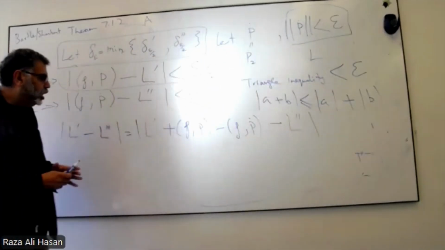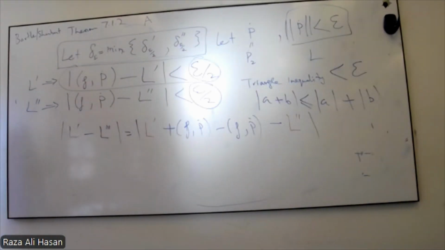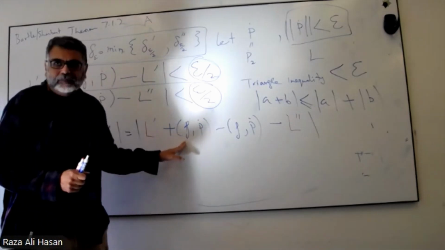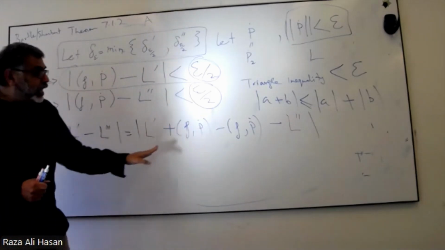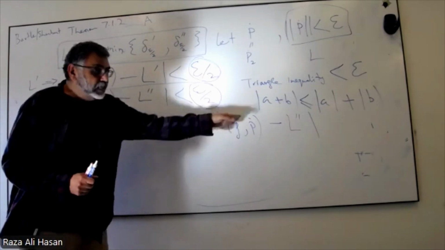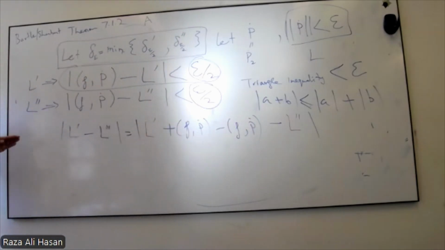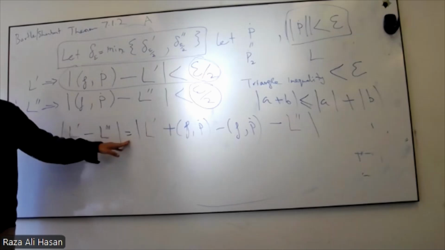Okay, what have I done? Are these two sides equal to each other? Yes, because all I've done is I've added something to this difference and subtracted it. So these cancel out. So this equality still holds.